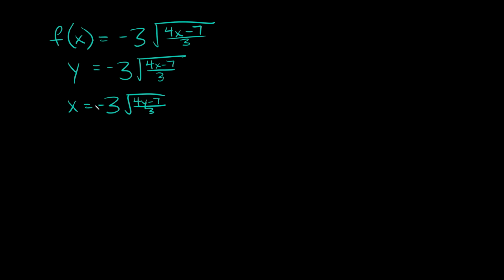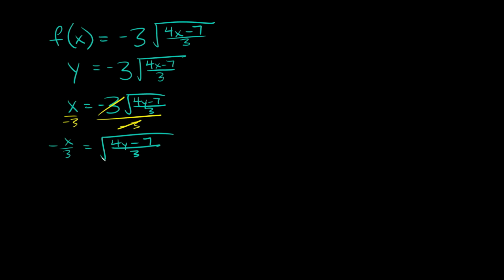Okay, the first thing we can do here is get rid of this −3 by dividing both sides by −3. So then on this side we get −x/3, and that's equal to, the −3 was canceled out, the square root of (4y − 7)/3.